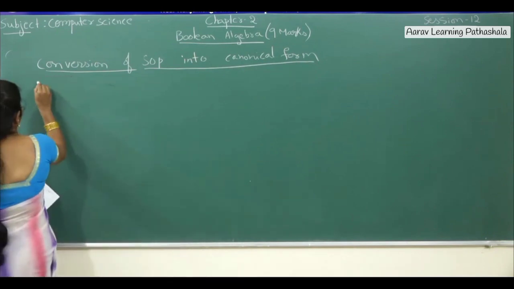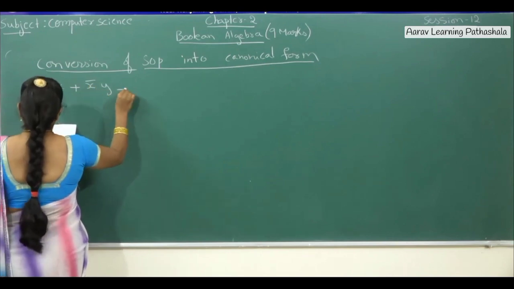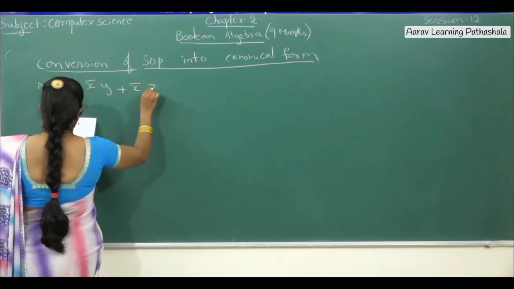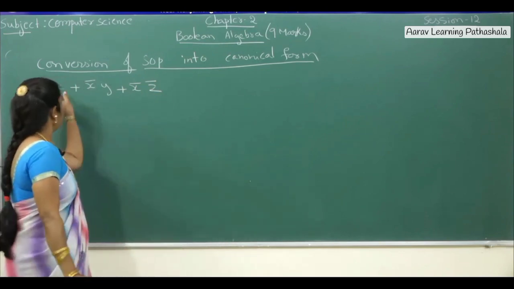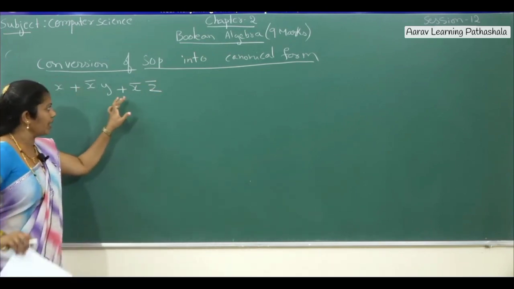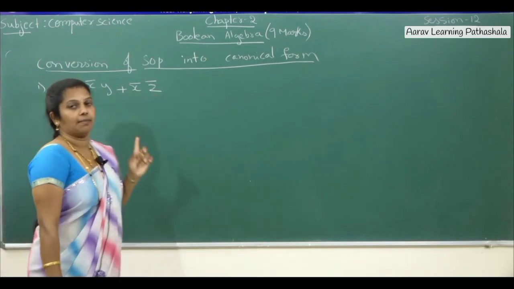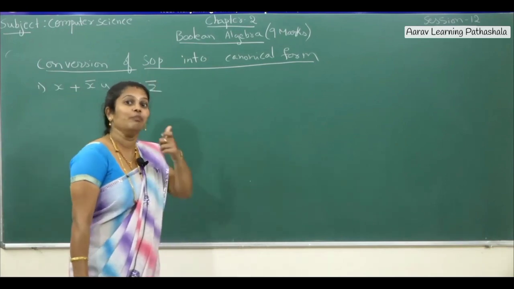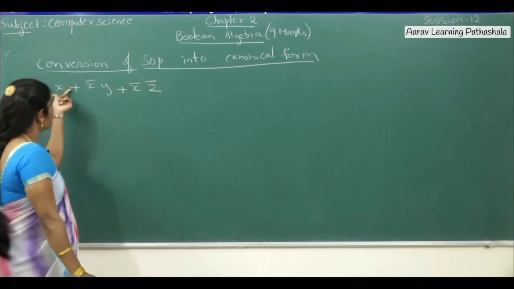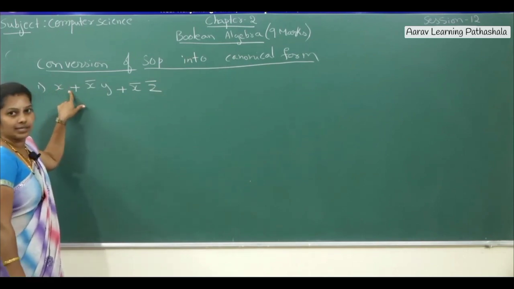Consider one expression: x plus x bar y plus x bar z bar. This is the equation you have. In the first step, you have to find which term is missing in the given min terms. In the first part we have only x, but y and z are missing.